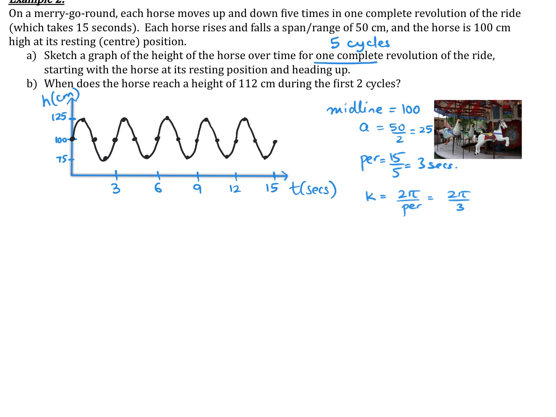Now, given this scenario, the equation to represent the height of the horse would be h at t equals, now this is going to be a sine equation because the graph starts at the midline. The equation would be h at t equals 25 sine of 2 pi over 3 t. There is no phase shift because the graph starts at the y-axis, plus 100.